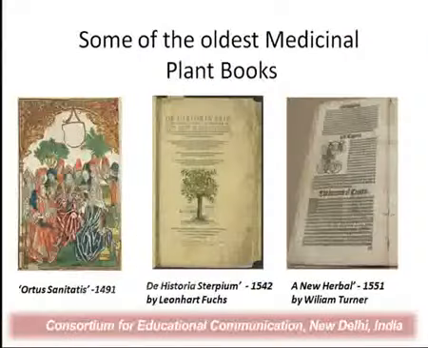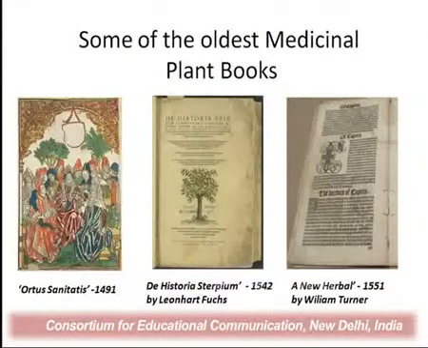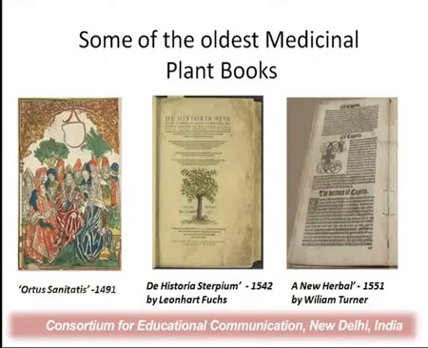One is Ortus Sanitatis, written in 1491. The second is De Historia Stirpium, written in 1542 by Leonhart Fuchs. And the third is A New Herbal, written in 1551 by William Turner. These three books are still available and are preserved in various libraries.